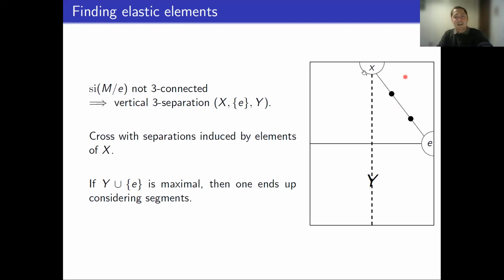These little guys can't be sides of vertical ones. And what that forces is segments, the trivial 3 separations that we were talking about before. So it forces segments to occur. They occur here, they occur over here, or co-segments and things like that. So understanding segments and elastic elements in segments kicks in.